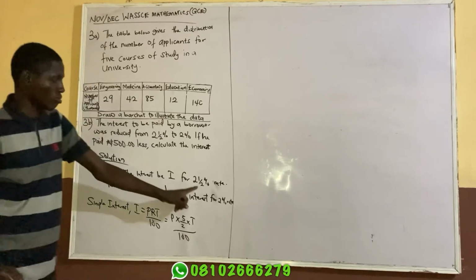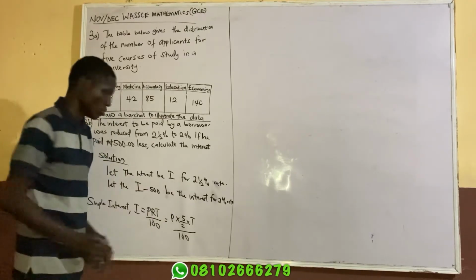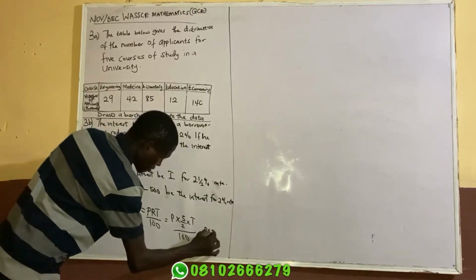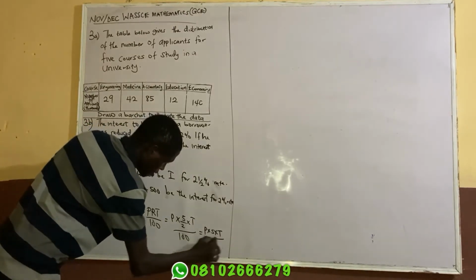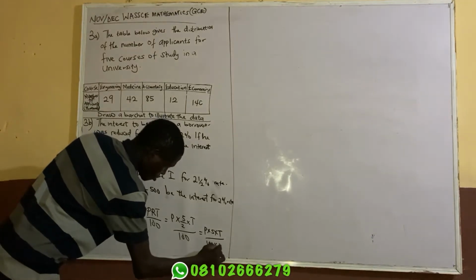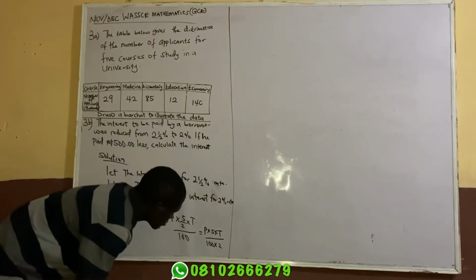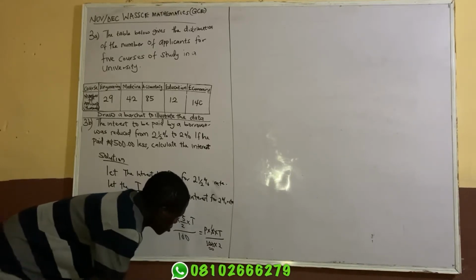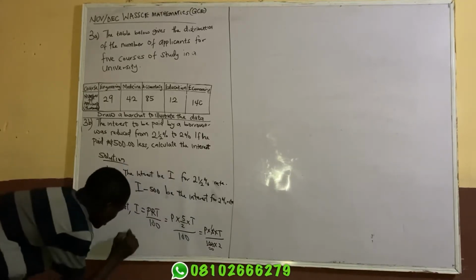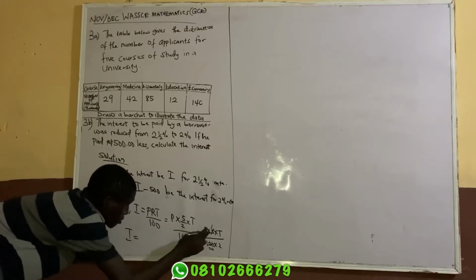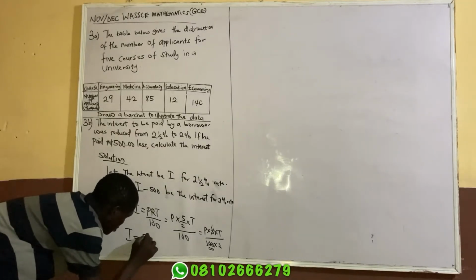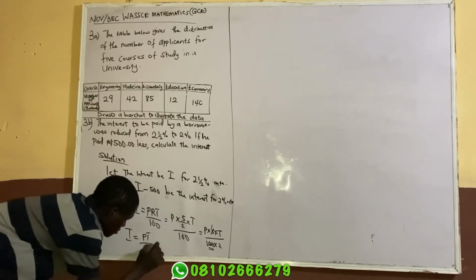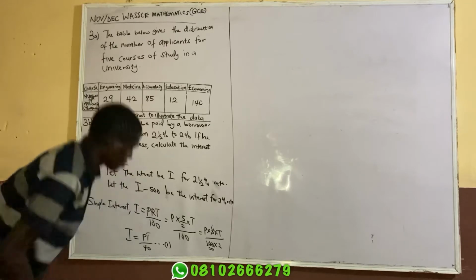That is P times 5 times T all over 100 times 2. So you can cancel, and your I here will be equal to PT over 40. Call it equation 1.